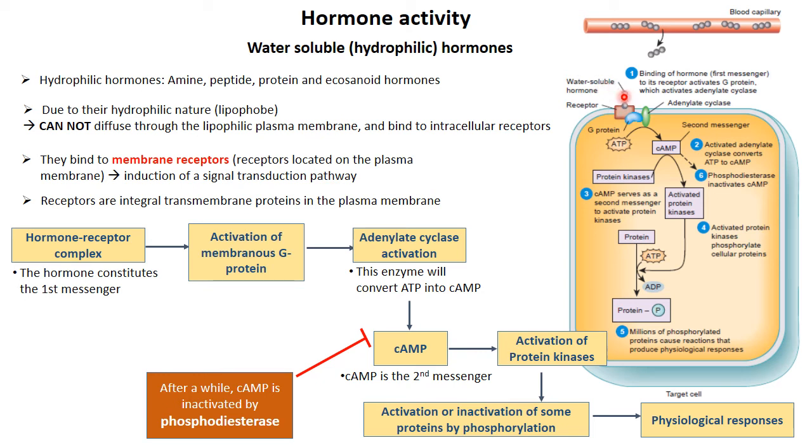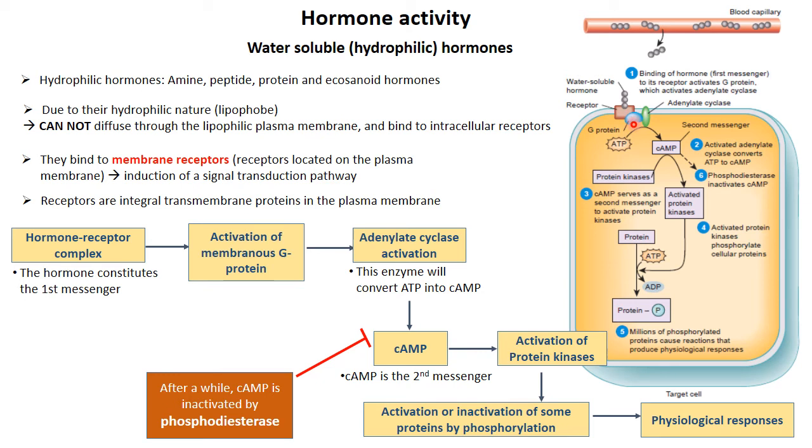The hormone will bind to its receptor, called a G-coupled protein receptor. So the hormone now is considered as the first messenger. It is the first messenger that will induce a response inside of the cell. This receptor is coupled to a G protein.